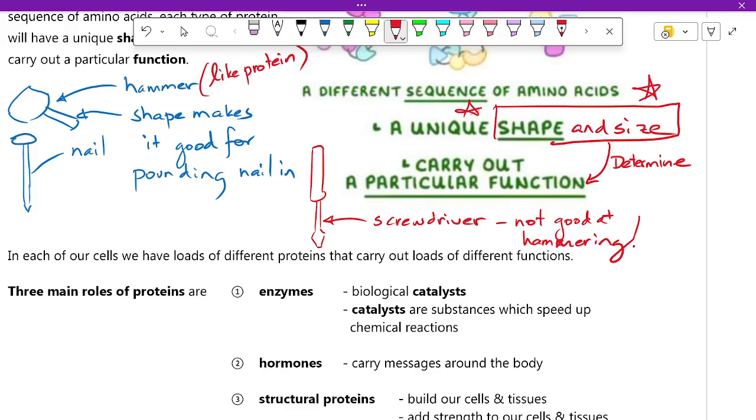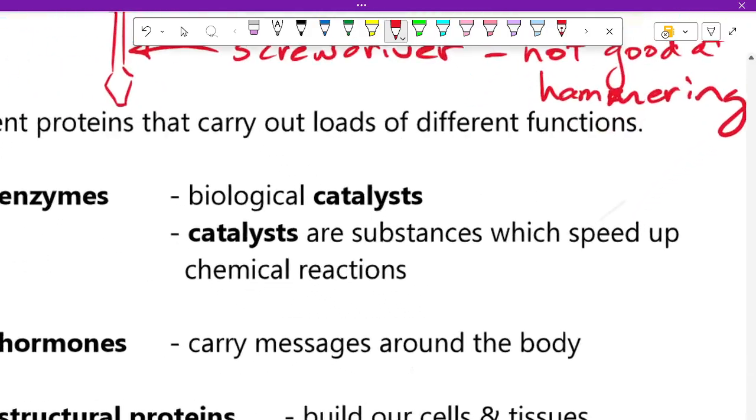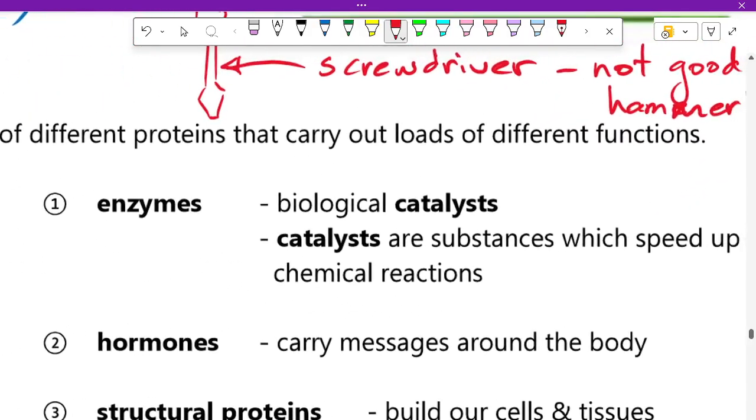If you were to eat a hamburger and you did not have lipase and amylase and all the other enzymes, that hamburger would just pass straight through you. It would look chewed, but it would look an awful lot like hamburger, and you wouldn't get any of the nutrients out of it. Yeah? Because enzymes speed up chemical reactions.